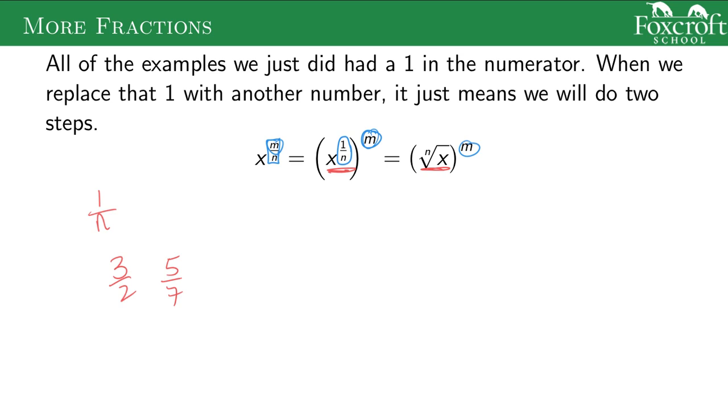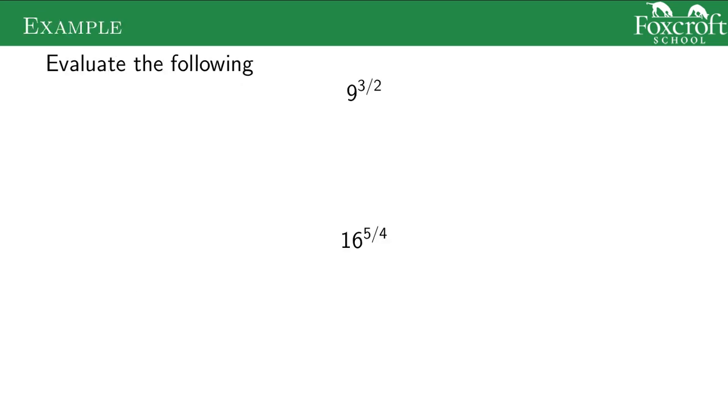All right, so let's see it in action. 9 to the 3/2. The first thing I'm going to do is separate it into 2 pieces. So the fraction part is the fact that there's a 2 on the bottom. So I'm going to put the 1/2 without the 3 first. And then this 3 on the top means I'm going to put the 3 whole number by itself out there.